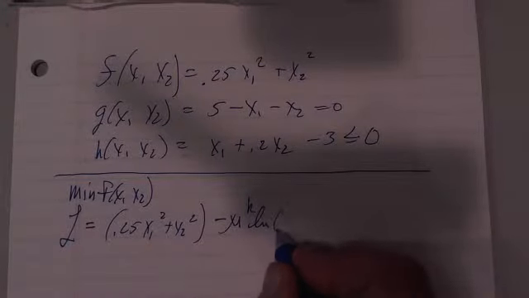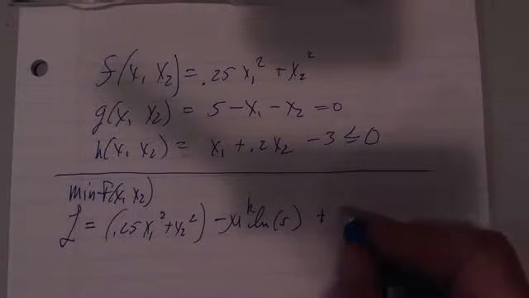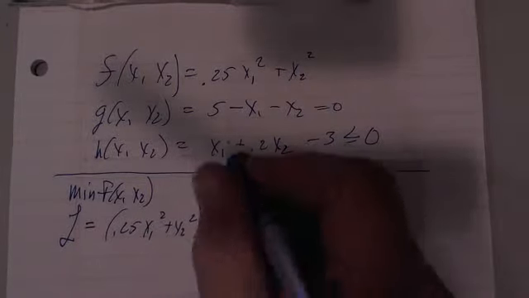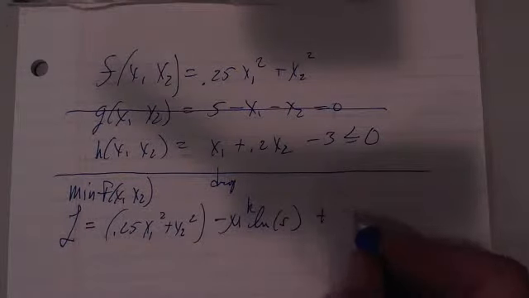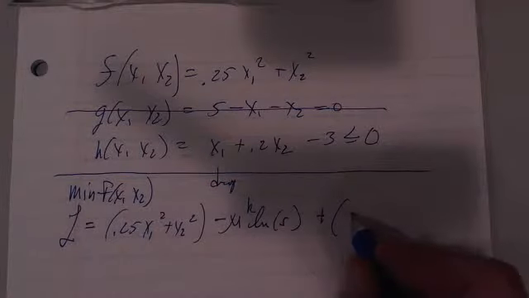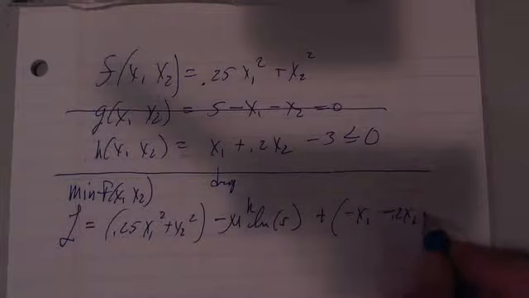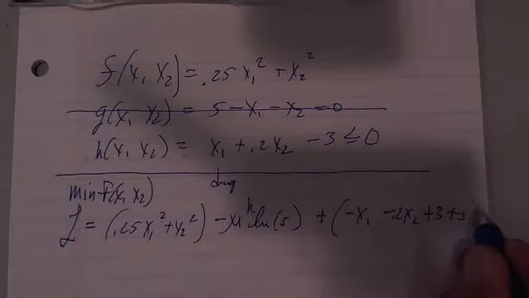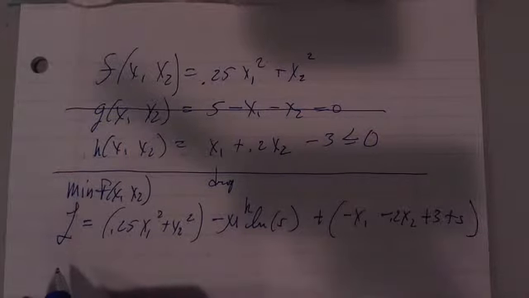There's only one s, so I don't need a summation sign. Plus, I'm gonna drop this function here, so I'm just gonna say that my function here, I was gonna turn this around, minus x1 minus 0.2 x2 plus 3 plus s. So there's that.